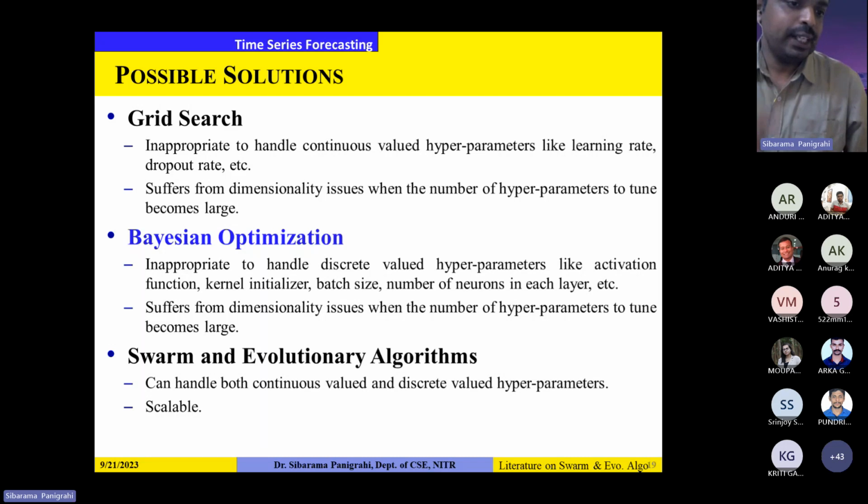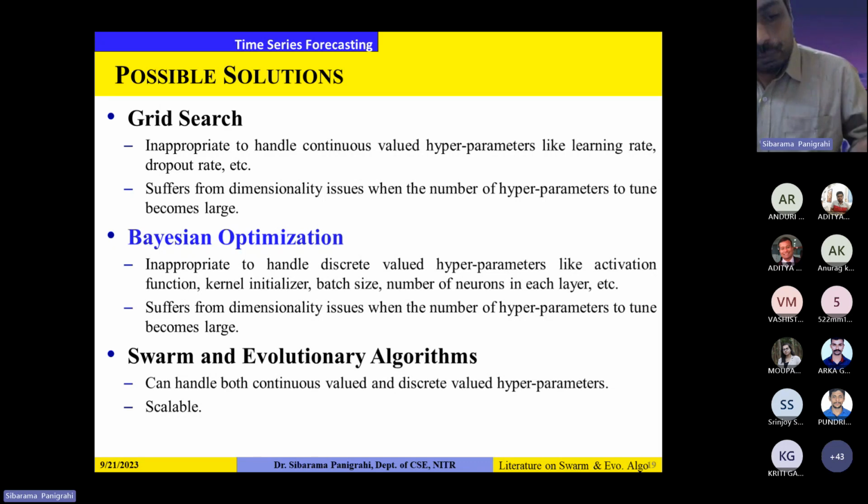Whereas, contrasting to grid search and Bayesian optimization, the swarm and evolutionary algorithms can handle both continuous valued attributes and discrete valued attributes. So you see, in a deep learning model, we have continuous valued hyperparameters and we have discrete valued hyperparameters. So it suits to optimize the deep learning architecture and other hyperparameters. And the next thing, it is scalable because it supports parallelism, right?